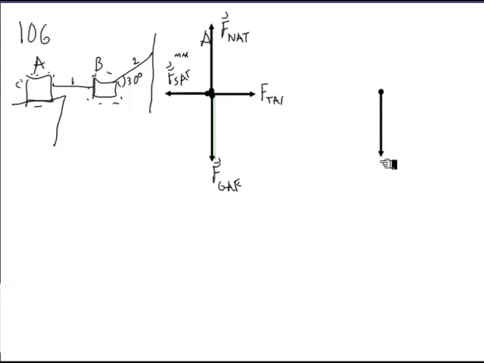Okay, B, we go over here. B has a gravitational force that points down. F, G, B, E. It has a tensional force. Now this tensional force is not a force pair. Let me say that again. It is not a force pair with this. They're the same size, and they even point in the opposite direction, but they're not a force pair.